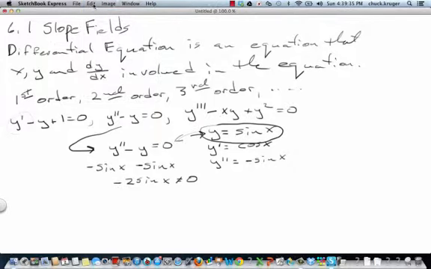Alright, let me try another one. Again, I'm looking at the second derivative minus y equals 0. Now I'm going to try y equals 4e to the negative x. So the first derivative is negative 4e to the negative x, and the second derivative will be a positive 4e to the negative x.